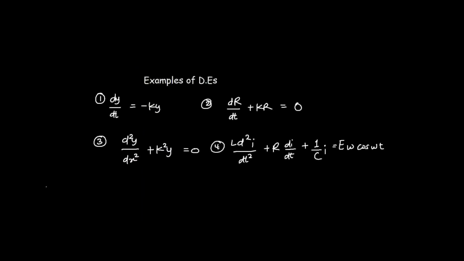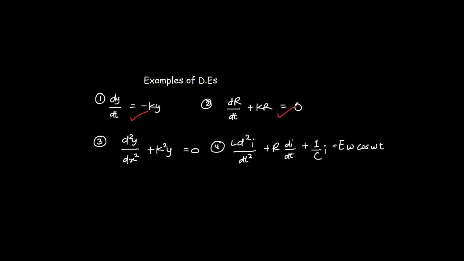Okay, what I have here on the screen are more examples of differential equations. In example one, we have the derivative of y with respect to t. Since it has a derivative in it, it is a differential equation. With example two, we have the derivative of r with respect to t, which is also a derivative, so this equation is also a differential equation.